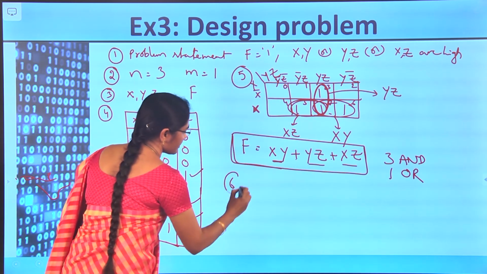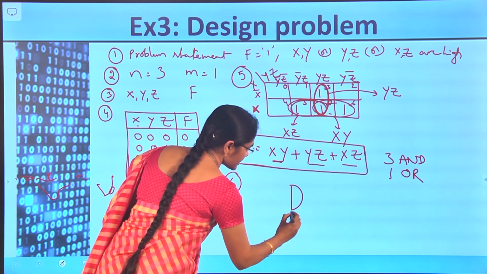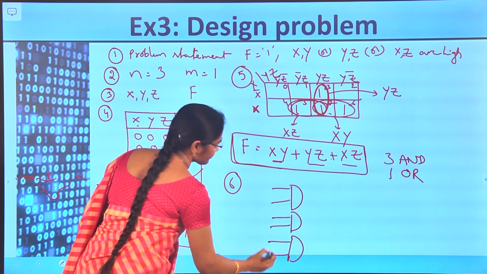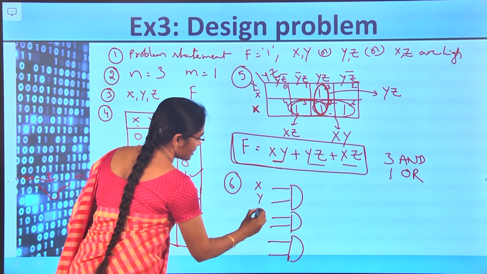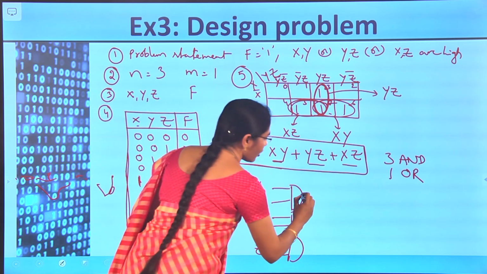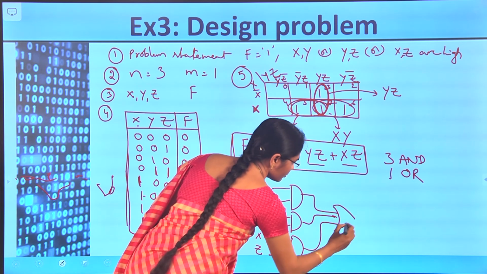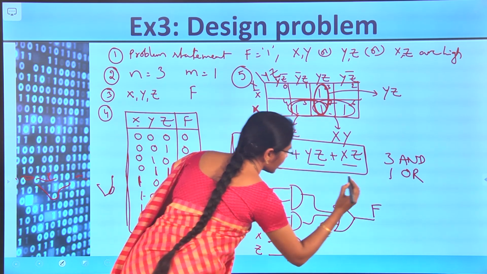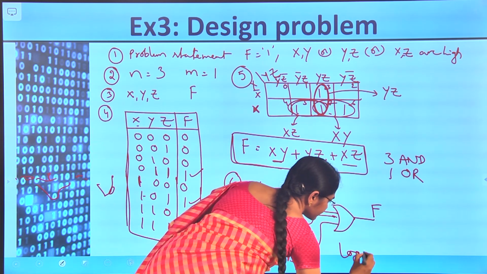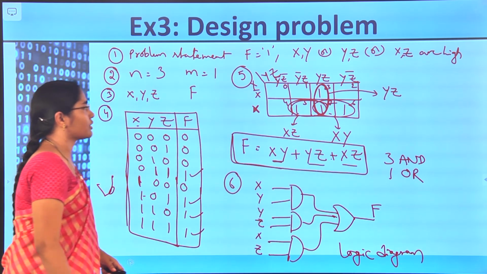So, our last step is the logic gates representation: 3 AND gates with the inputs of first being xy, second yz, and the third xz. The outputs of these AND gates are connected to one 3 input OR gate, and the output is F. This is the logic diagram, which is our last step of the design problem.